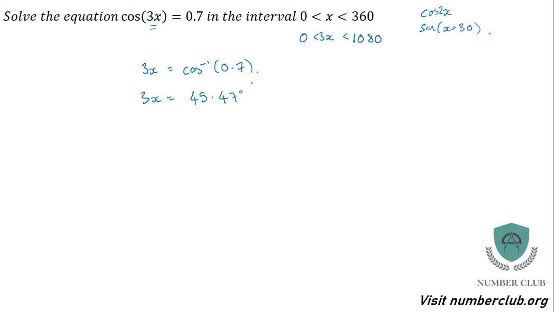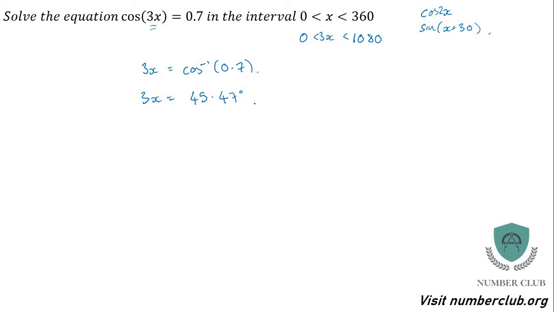45.47 degrees. Now, if you were to do this wrong, what you would do now is divide by 3 and then find a bunch of other values. That's not the right way to do it. What we need to do is find every other value all the way up to 1080, so that's 3 full rotations, and after that we divide by 3. The very last thing we do is divide by the 3.